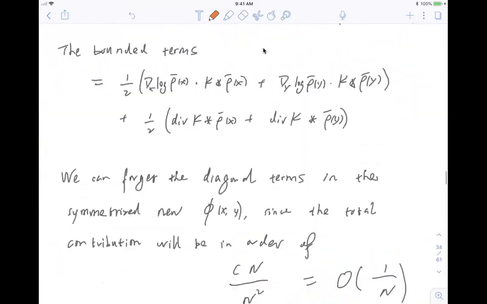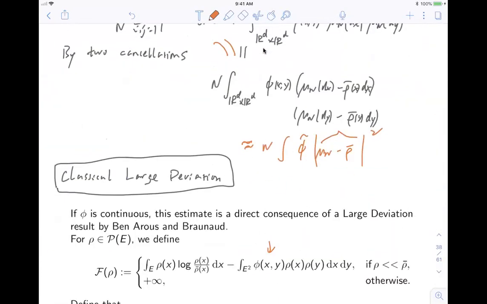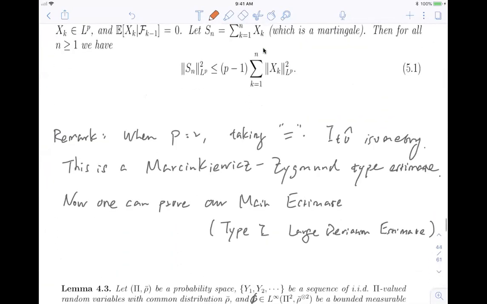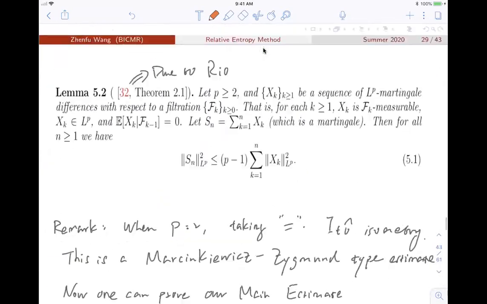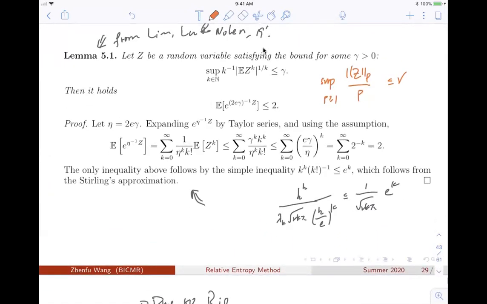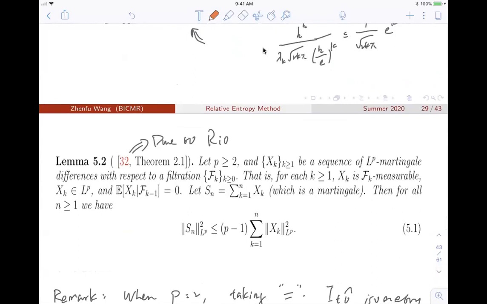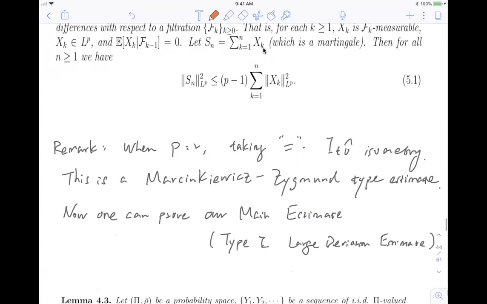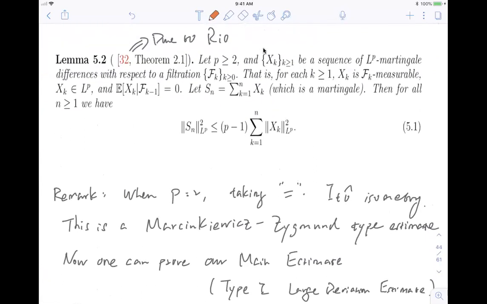Okay, the first one just says that if the P moments grow at most linearly, then some exponential moment is finite. You need a factor there. The second one is a very sharp estimate, due to real.